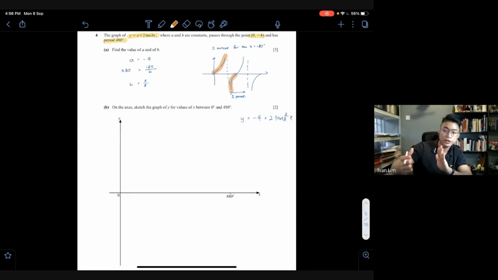Okay, it's half only because in a tangent x within 360 degrees, actually we have two periods inside. So if we say 480 degrees is one period, it means it's half of our original tangent graph that we always draw. So whatever I highlighted here, we want to draw half of it only.